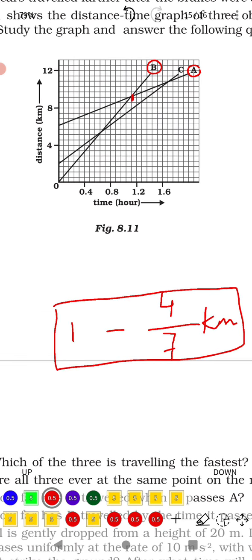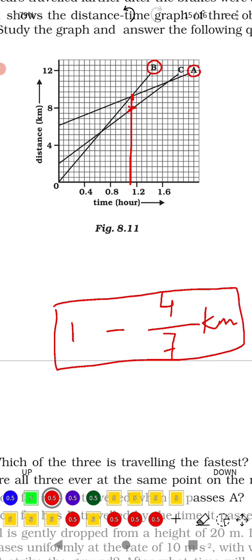Now the question is, at this point, what is the distance traveled by C? Just draw one perpendicular like this, from the point where A and B are meeting. Now see, at which point is this perpendicular intersecting C? At this point.